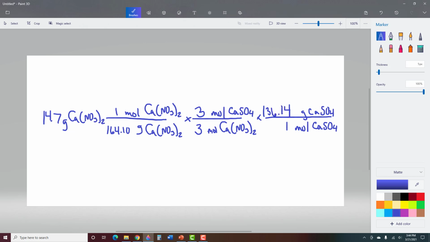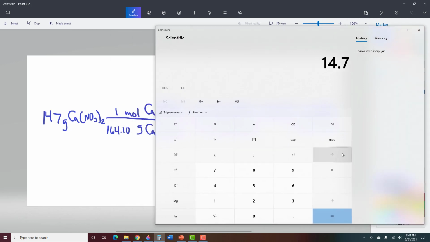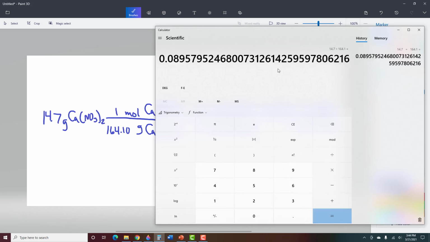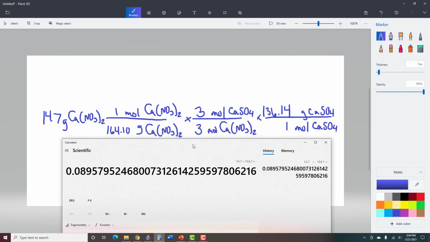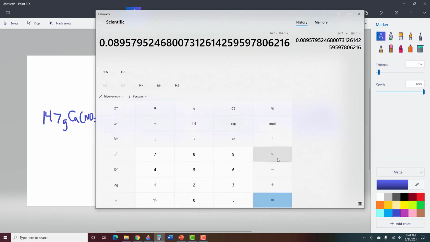Then I take my calculator, start by putting in 14.7, which is my starting value, and then I'm going to divide by 164.10. And then I'm going to go to the middle division bar, which is times 3 divided by 3. Now I can do that, that's not a big deal.